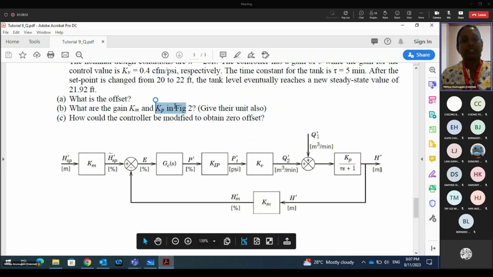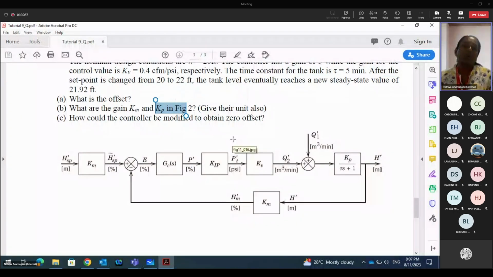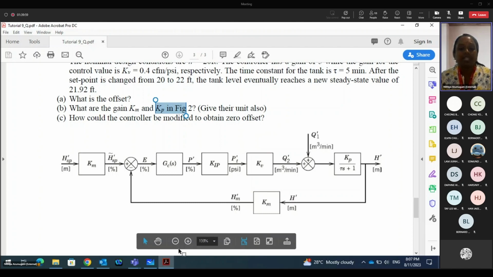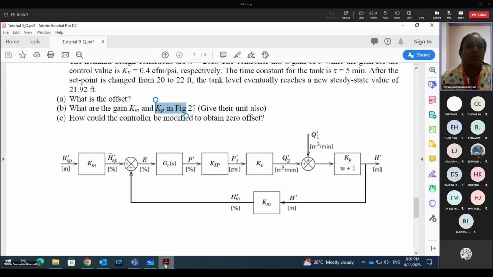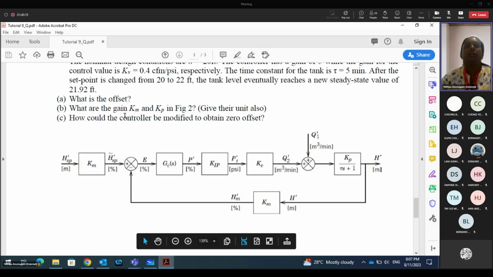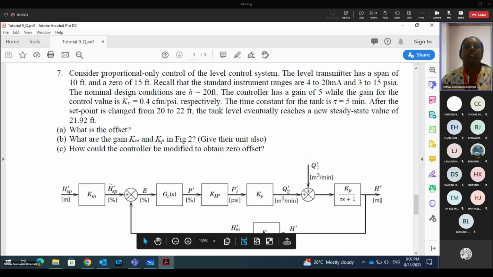Kp is expressed. How could the controller be modified to obtain zero offset? For us to get zero offset, the offset is M over 1 plus KOL, right? So we have to modify the whole control system. Currently they are using proportional only control.